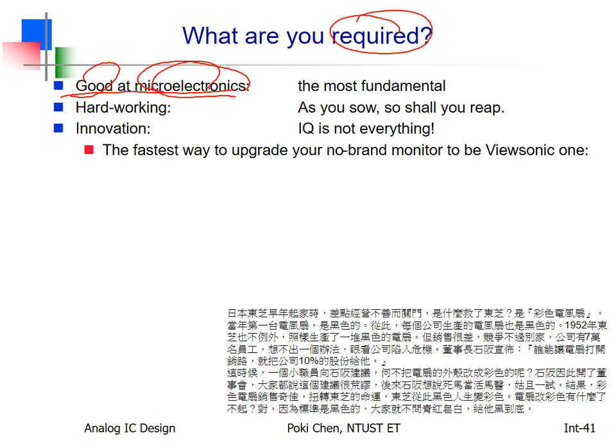So if you are not good at microelectronics, you won't be good at analog IC design. So go back and read your microelectronics. Fully understand the content. You don't need to derive anything. No. You read all the text and get a full understanding. Good enough. This is the most fundamental.